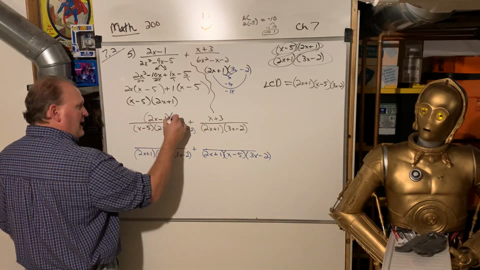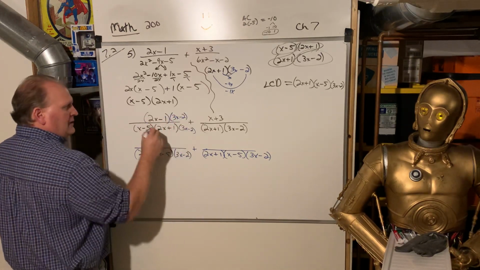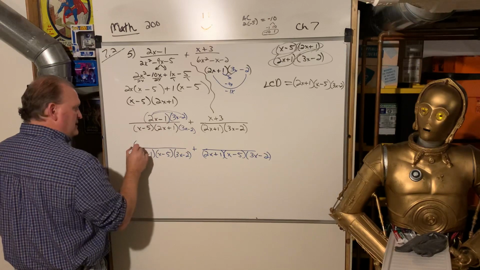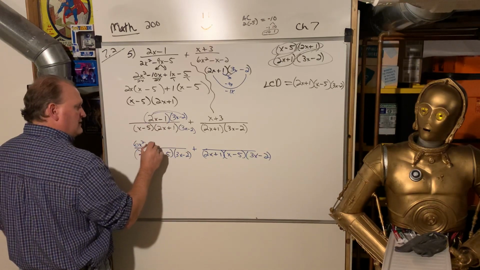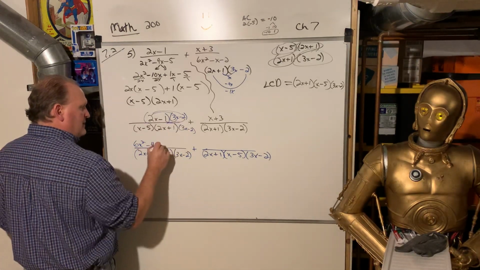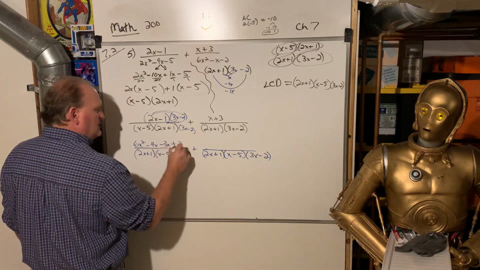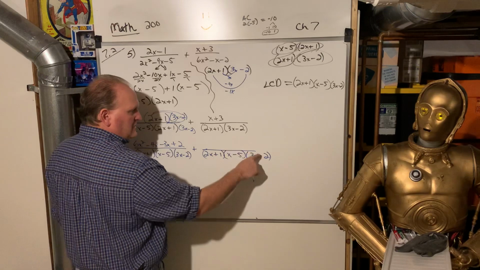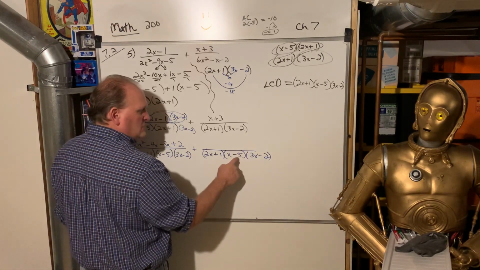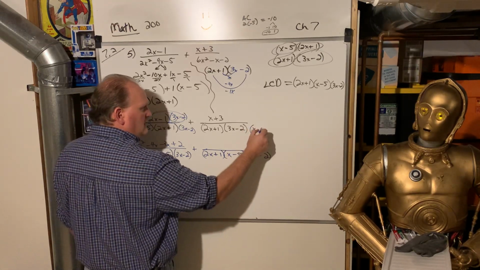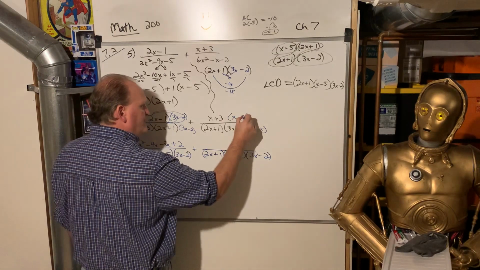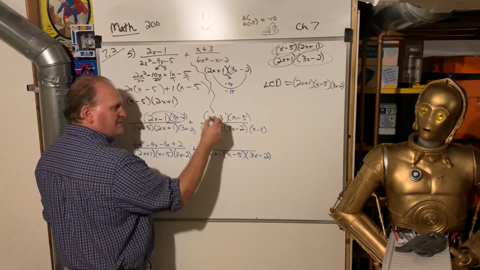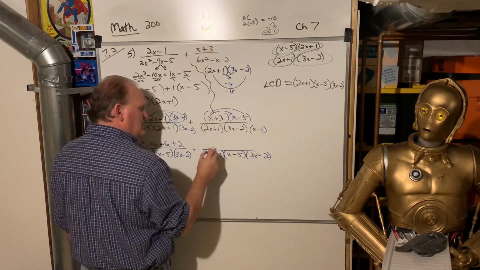And now look, we're back to chapter 5. Distributive property, 6x squared minus 4x. Distributive property, minus 3x plus 2. We're missing something. We got the 2x plus 1. We got the 3x minus 2. We don't have an x minus 5. That top and bottom.